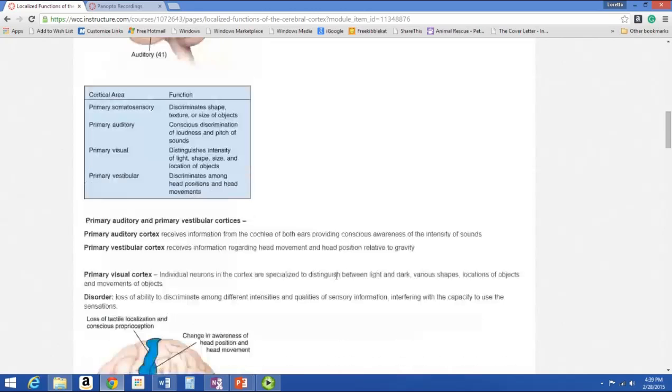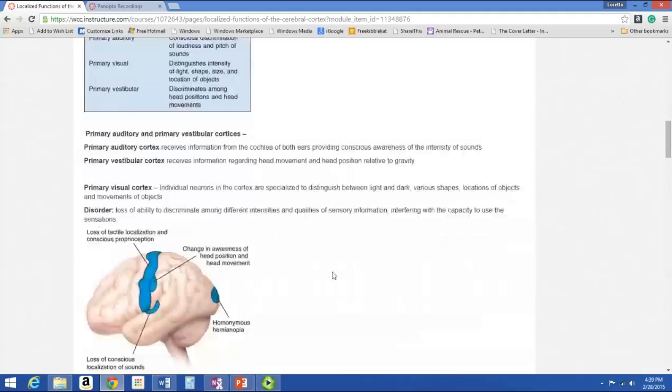So easy stuff, right? The somatosensory cortex receives information from the dorsal column medial lemniscus pathway. Primary auditory cortex receives information from the cochlea of both ears, providing conscious awareness of the intensity of sounds, and it comes through the thalamus because it's conscious awareness.